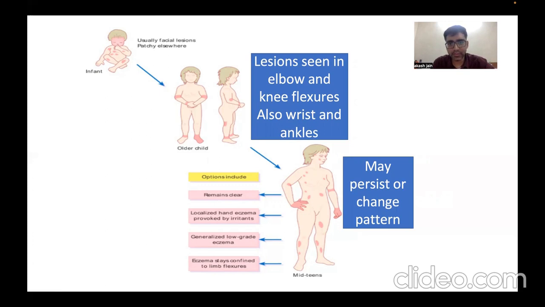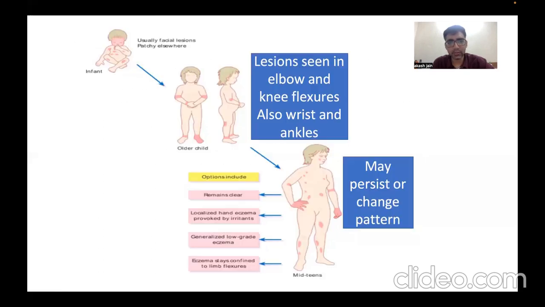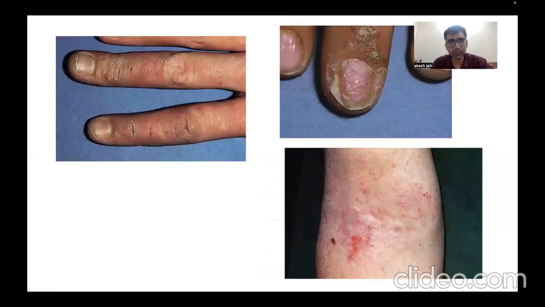And in the adult phase, such lesions persist to form more lichenification, and localized hand eczema can be provoked by irritants, as there is more contact with irritants. There can be generalized low-grade eczema, patchy atopic eczema, and it continues to be confined towards the limb flexures, that is cubital and popliteal fossa. Apart from this, lips and other areas can also be involved.